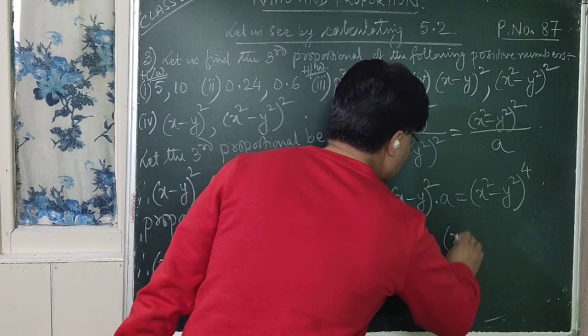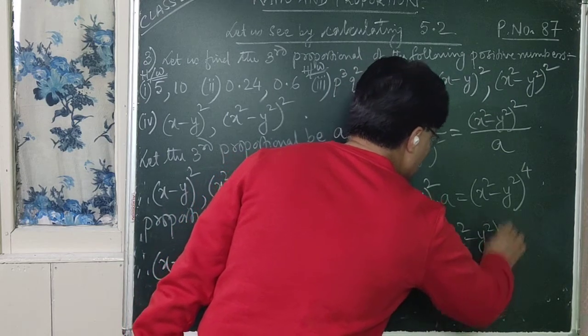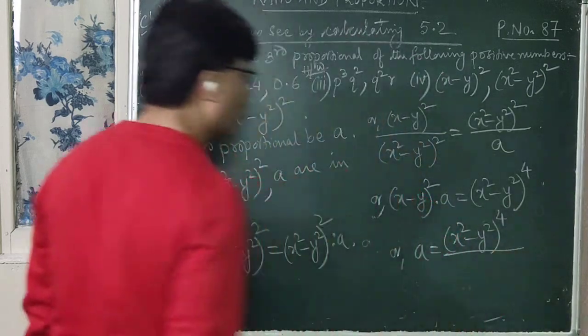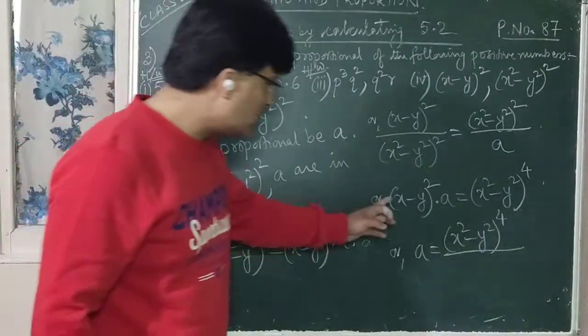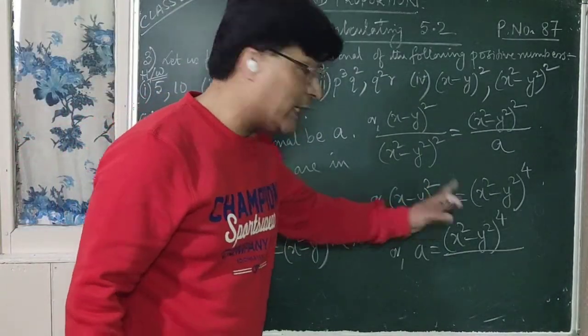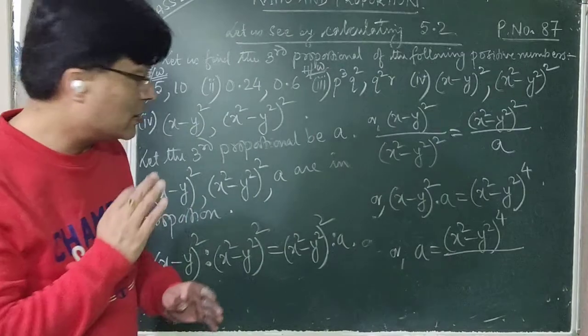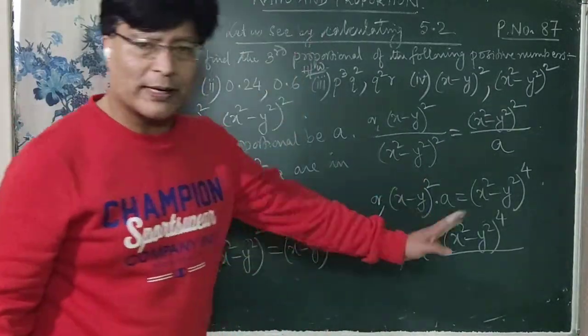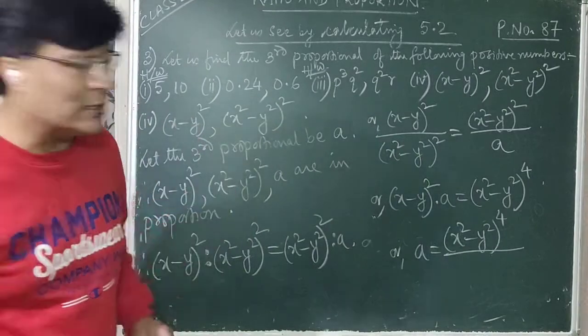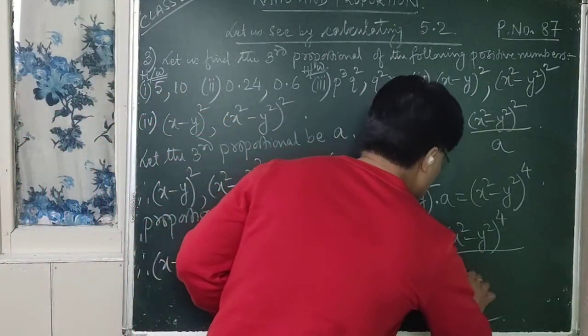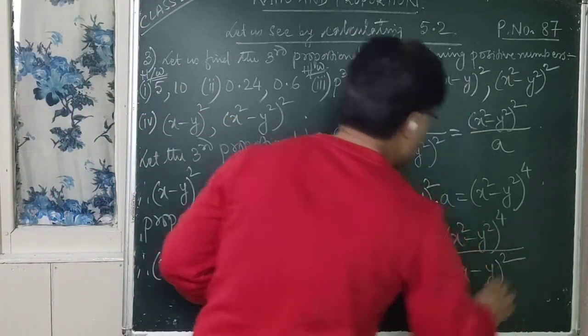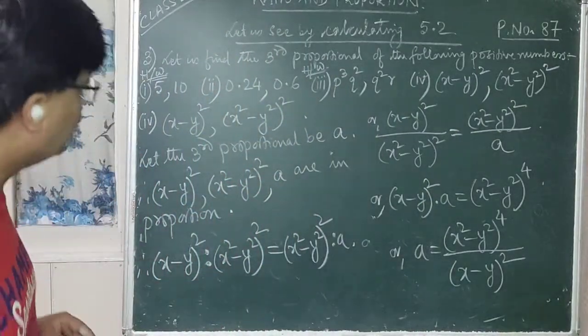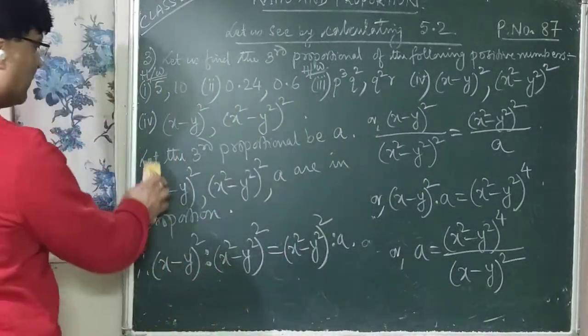So what is the value for A now? A is equal to (x square minus y square) whole to the power 4 whole divided by, so this is your (x minus y) whole square into A. So when this term, that is (x minus y) whole square, goes to the right hand side, you should write it in the denominator, that is (x minus y) whole square, right? So now let us simplify it.